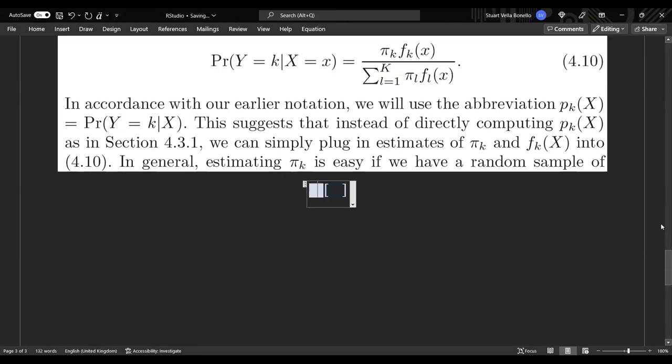The probability that this, okay, and just think of a specific example: the probability that Y is seizure.